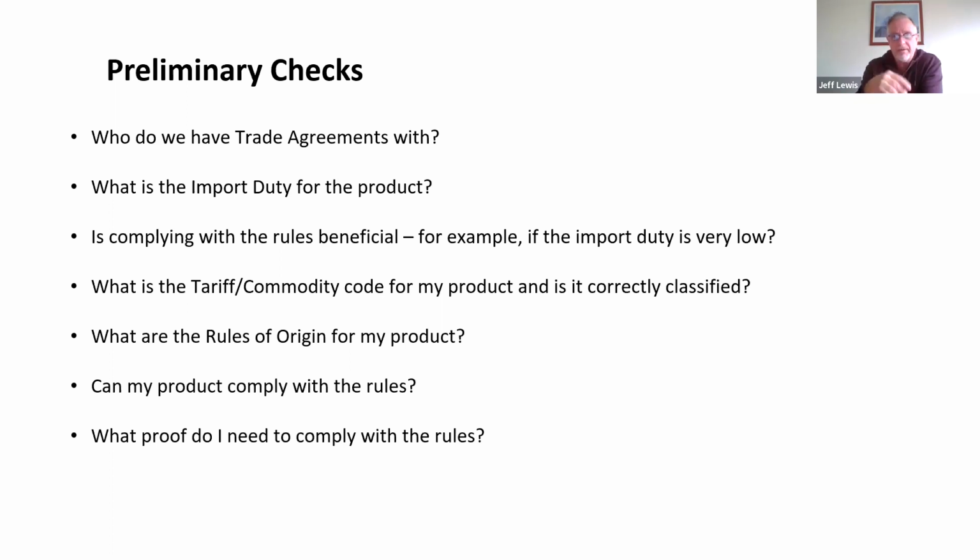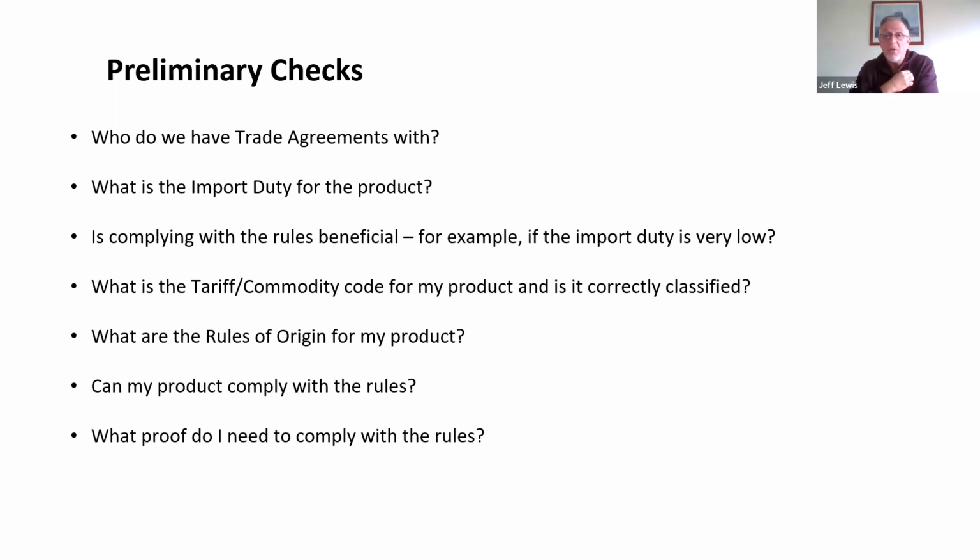If you want the full details, you need to go and look for the origin reference documents. So you type into whatever search engine you're using, origin reference documents, and then you will find the preferential rates and the actual origin reference documents, which is the rules of origin for each specific trade agreement we have.